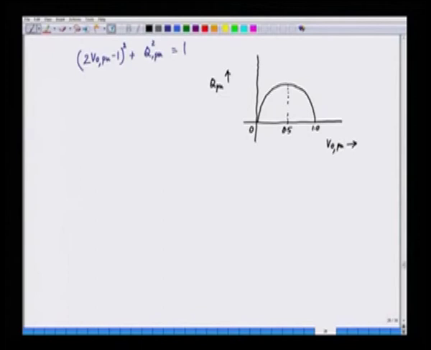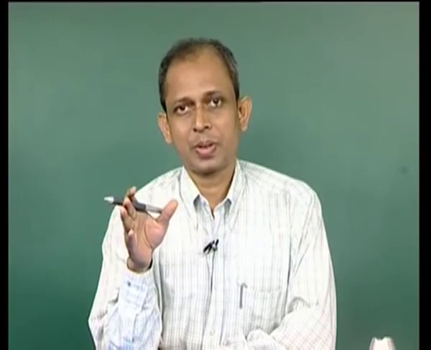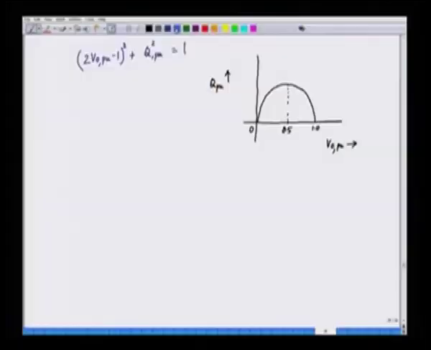So, we can see in this case that the reactive power is a function of the output voltage. It means when the output voltage requirement is very low, the reactive power requirement is also very low, and when we gradually increase the output voltage, the reactive power drawn also increases. Let us say that when the output voltage is low, close to 0, there is 0 reactive power, because in this case alpha is in fact 0.